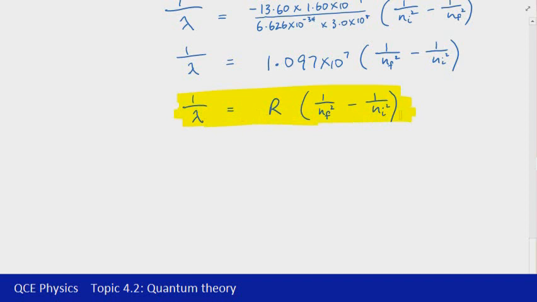So notice now all we need to know is the final energy state, so the lower energy state, and the initial energy state, and then we can calculate what the wavelength is using this equation. So just to notate that, as we know, lambda is the wavelength in meters. That's the wavelength of the photon.